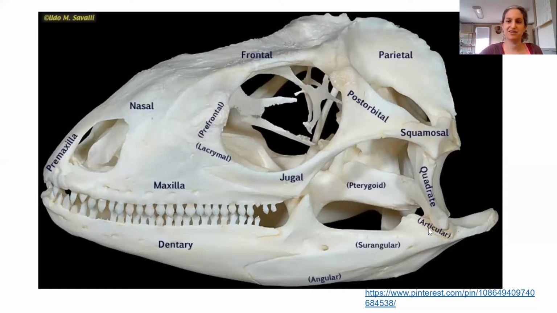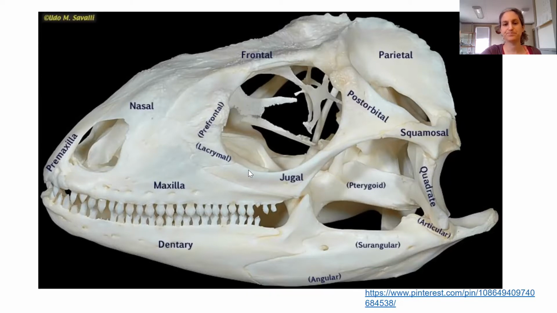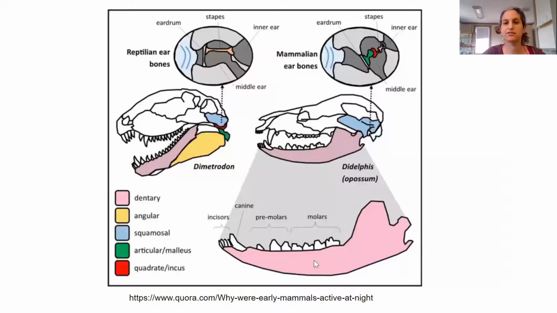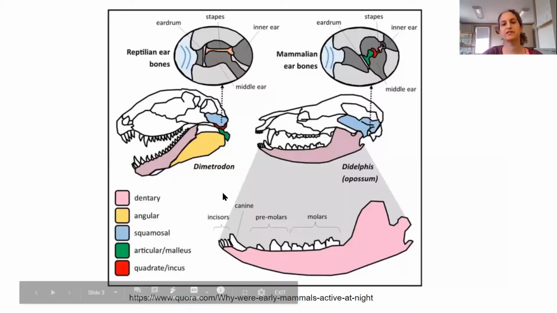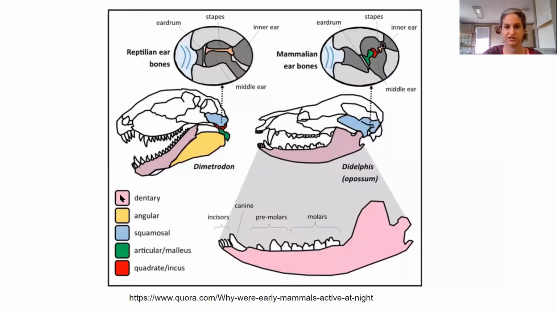And then the quadrate, which forms that little strut on the reptile that I showed you, has also disappeared, right? So we just have the dentary, and it joins with this zygomatic arch, which we see here, this jugal bone. Go to the next slide. So here we see these bones are color coded, and this pink purple color corresponds with the dentary bone.